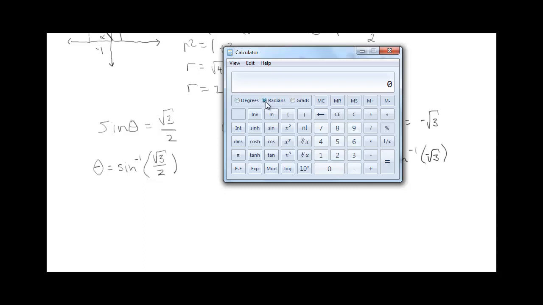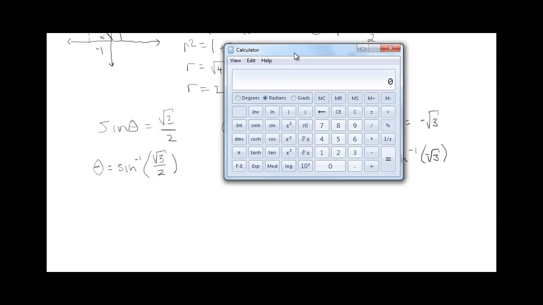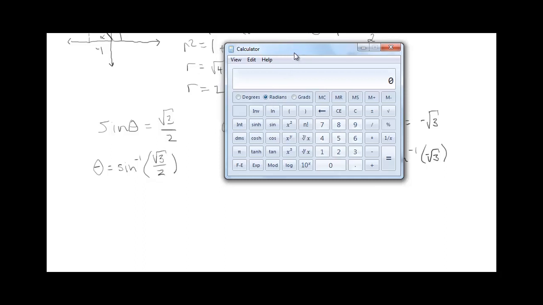On most calculators you might see a button that says DRG, or DEG, RAD, GRAD. However your calculator works, switch the mode so that it's in radians, because if it's in degrees, it's going to give you the degree measure and you want the radian measure.